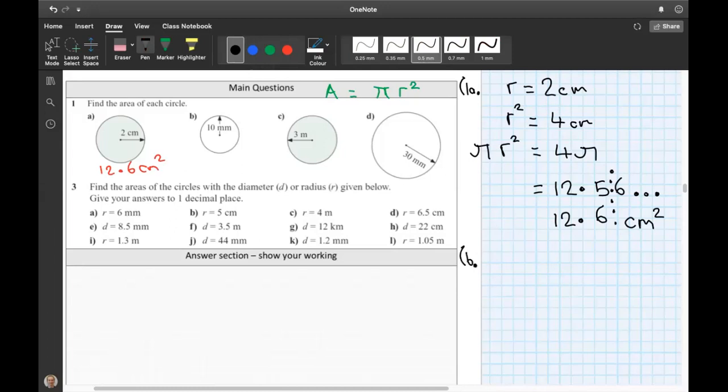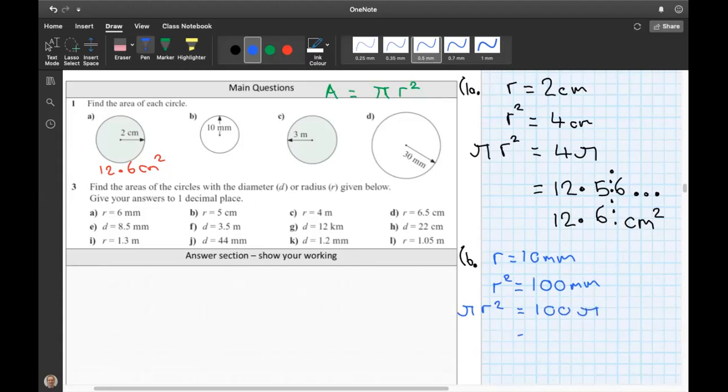B. Do that one in blue. This time our radius r is 10 millimetres. So r squared, just going to multiply 10 by itself, it's going to be 100 millimetres. Pi r squared will be 100 millimetres times pi.